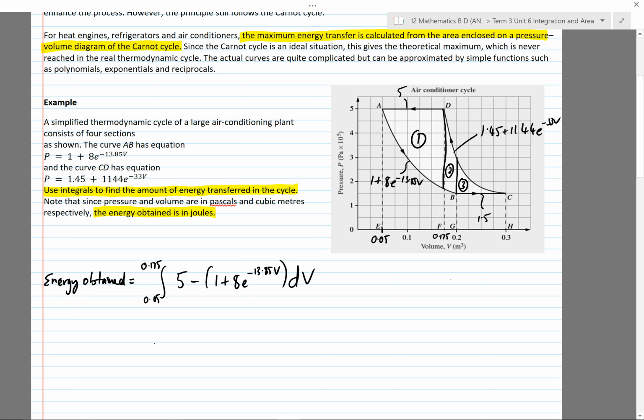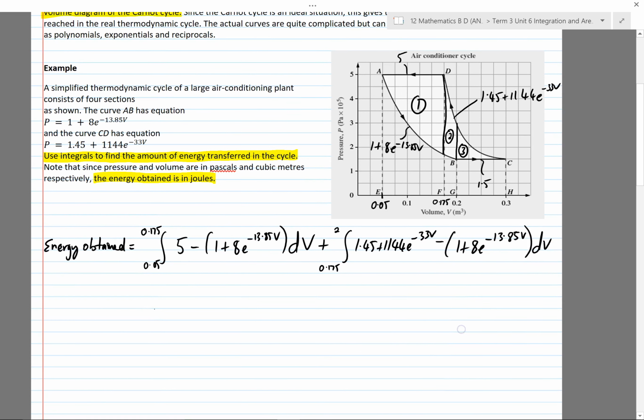For section 2, I'm going to add on the integral from 0.175 to 2 of the top function, subtract the bottom function, again with respect to v. Should have brackets around these whole integrands.